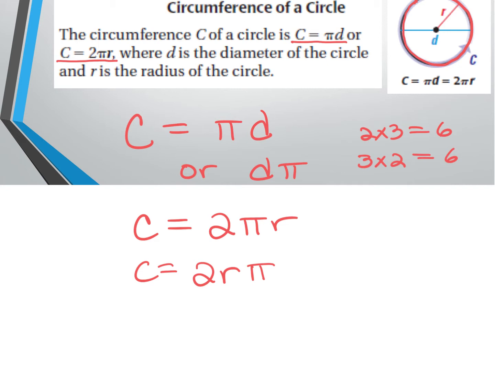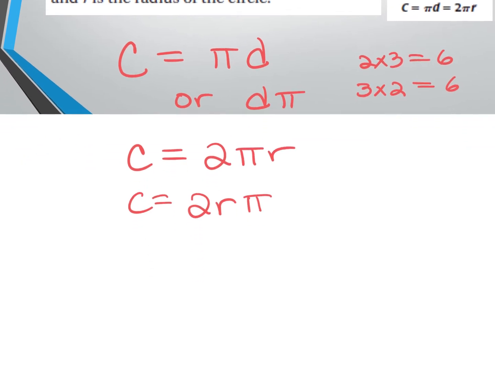Now, in the beginning questions of the homework tonight, they're going to tell you when you're calculating this circumference to use your calculator. So unless the question specifies, leave it in terms of pi, then you're using your calculator and you're using the pi button. Now, probably in middle school, because they didn't require you to buy a scientific calculator, they probably made you calculate it by hand, and they probably a lot of times told you use 3.14 for pi, because you may not have been using a calculator.